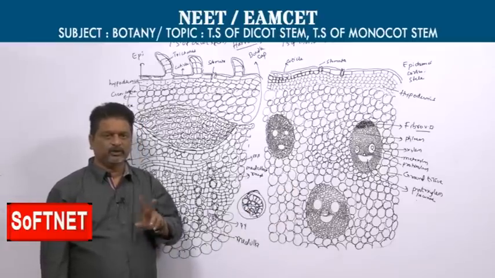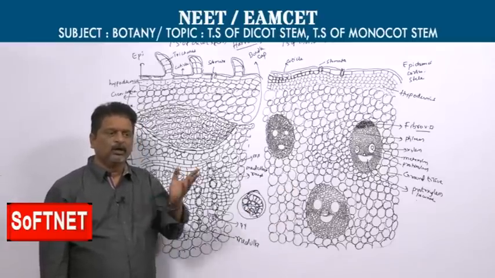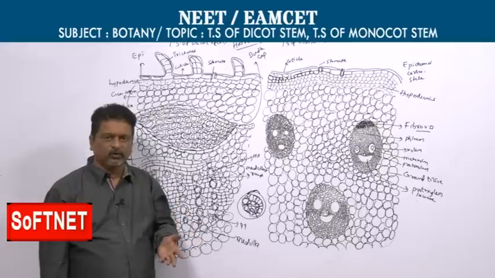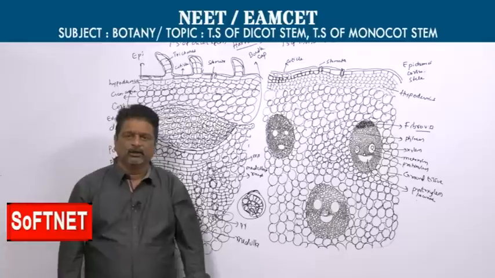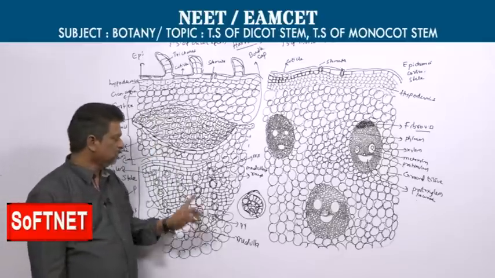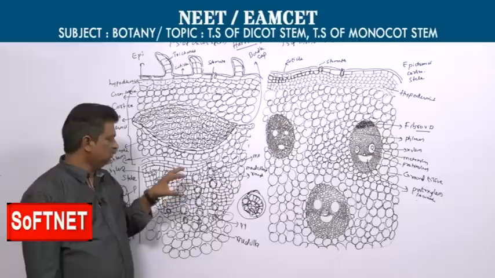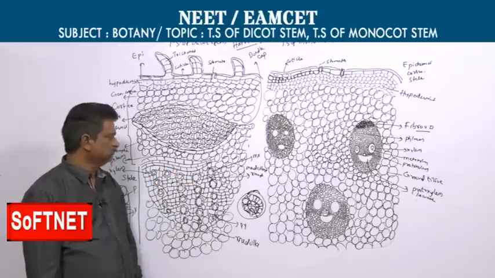That is ascending order. Descending order means first monocot stem, then dicot stem, then monocot root and dicot root.